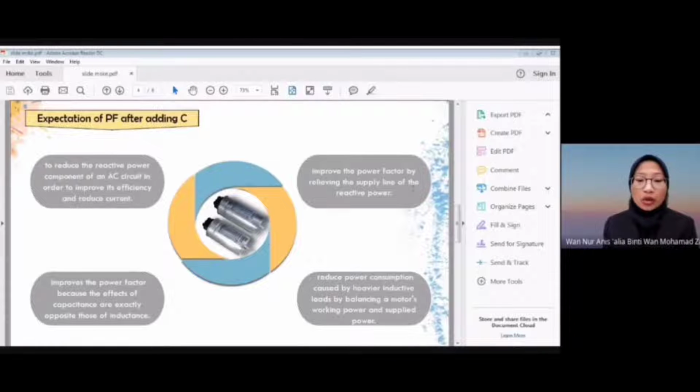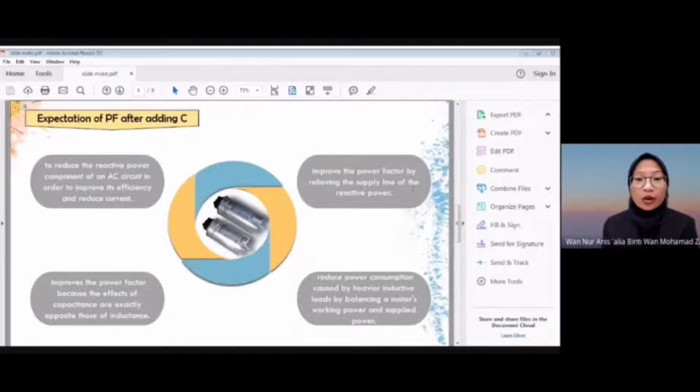It can also improve the power factor because the effects of capacitance are exactly opposite those of inductance. Capacitors are usually added at each piece of offending equipment, ahead of groups of motors, of motor control centers or distribution panels or at main service. Power factor correction is a technique which uses capacitors to reduce the reactive power component of an AC circuit in order to improve its efficiency and reduce current.